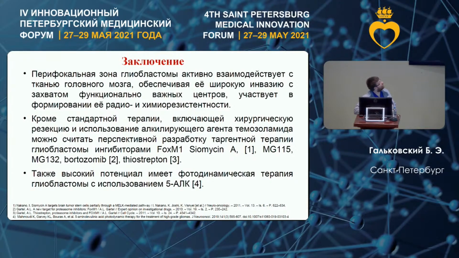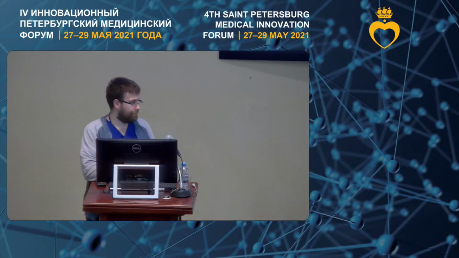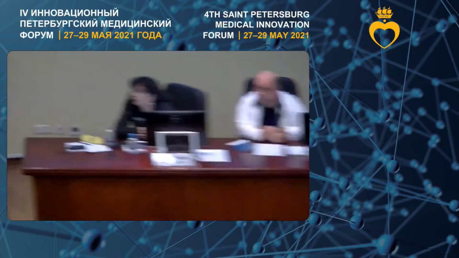One should hope that the development of new methods of targeted therapy on top of the standard methods is promising. We hope for FOXM1 inhibitors and photodynamic therapy with the usage of 5-ALA. That will improve the prognosis, the relapse-free period of patients, and survival.